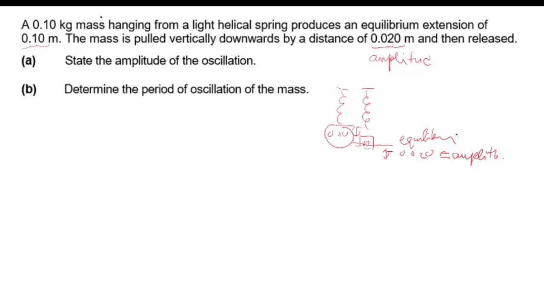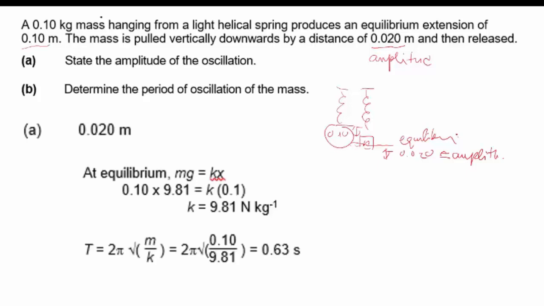Then to find the period of oscillation, you just substitute into the equation that we know earlier, 2 pi times square root m over k, but you're not given the value of k.